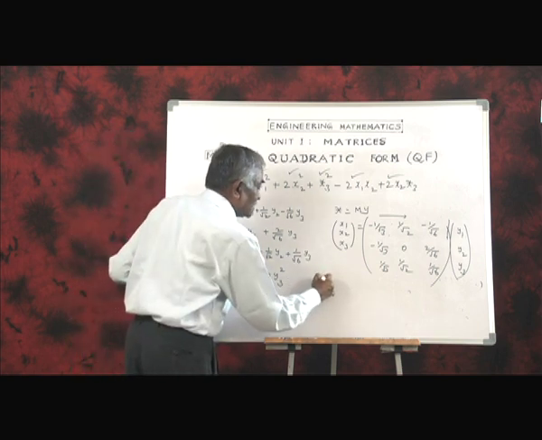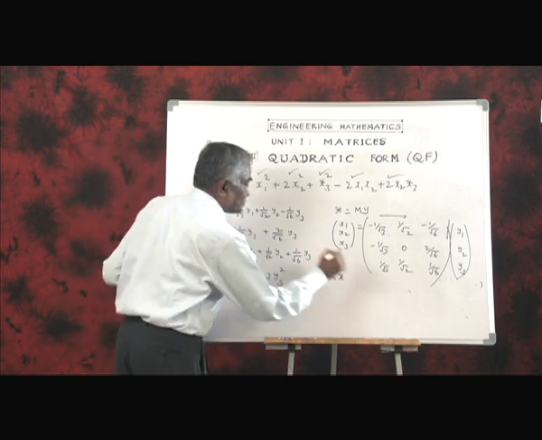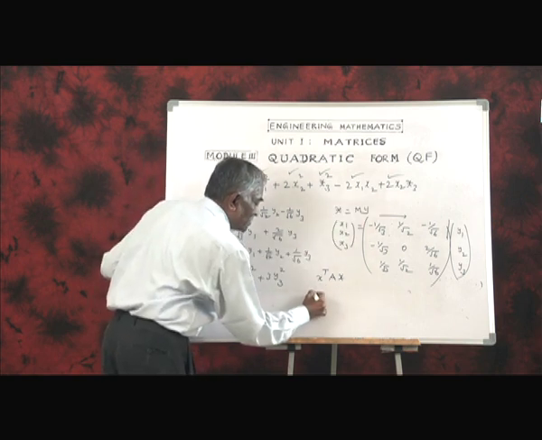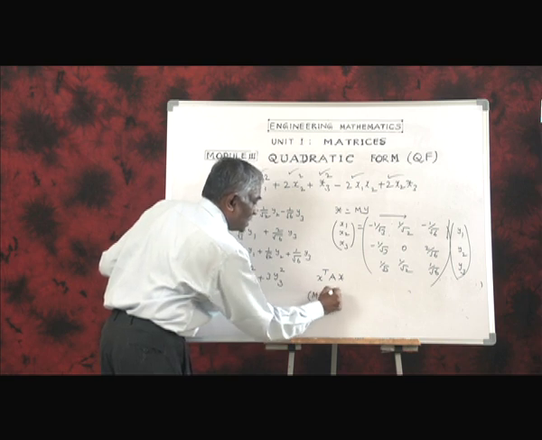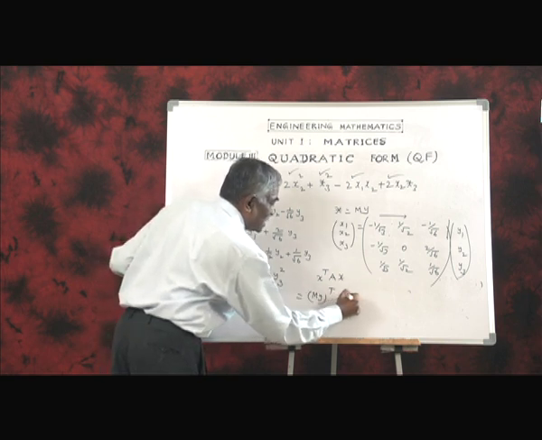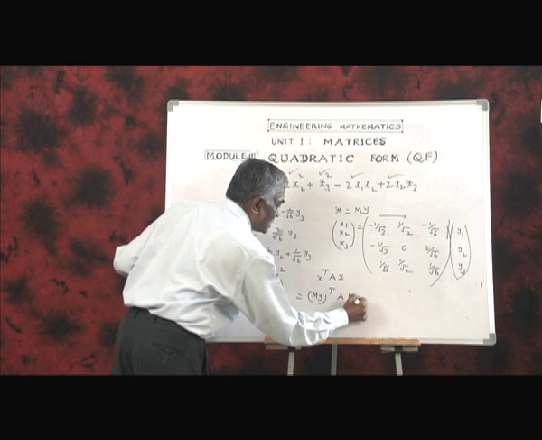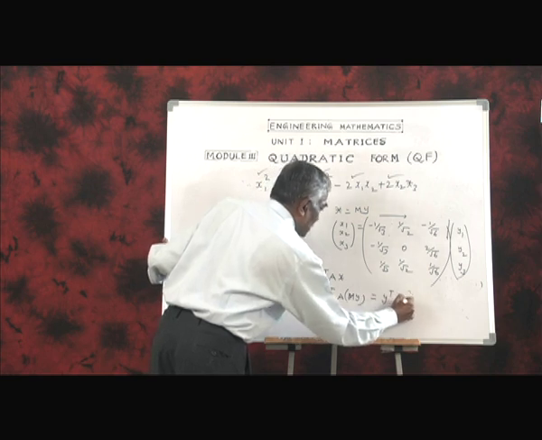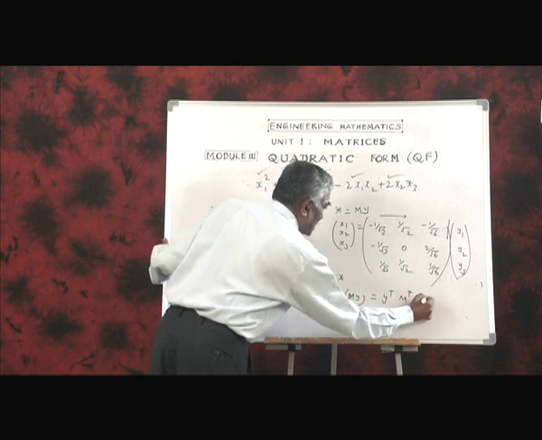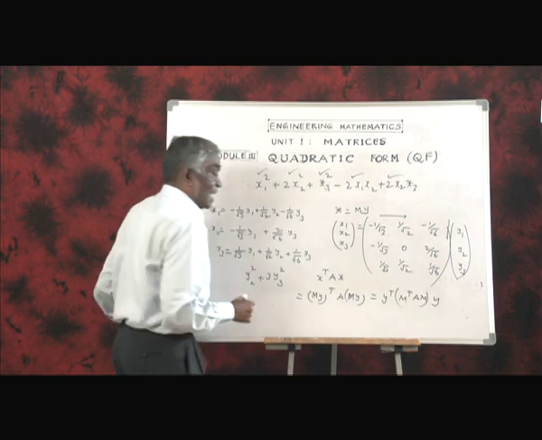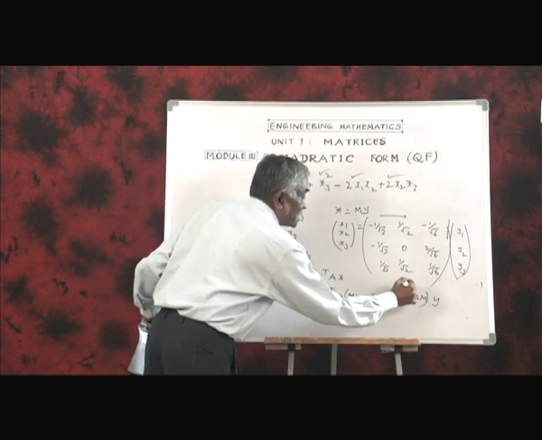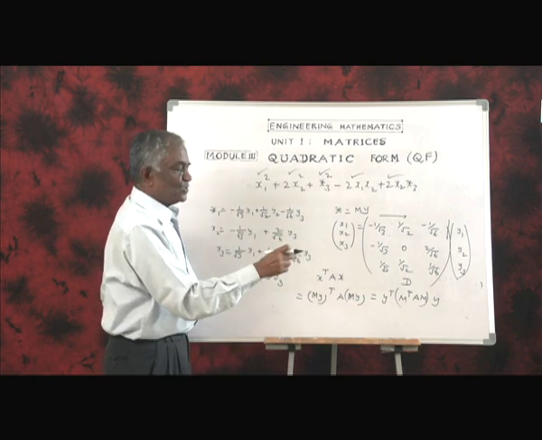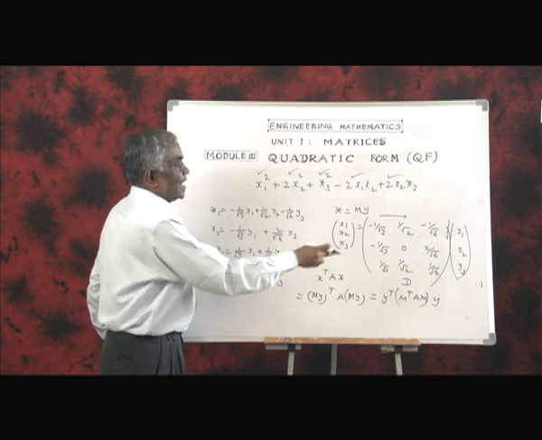What we have done: the given quadratic form is x transpose Ax. What is the transformation? x is equal to My. So therefore this is My transpose A, and then here once again My. This can be written as y transpose into M transpose AM into y, and this M transpose AM is nothing but the diagonal matrix whose diagonal elements are the eigenvalues 0, 1, 3, and y is this.